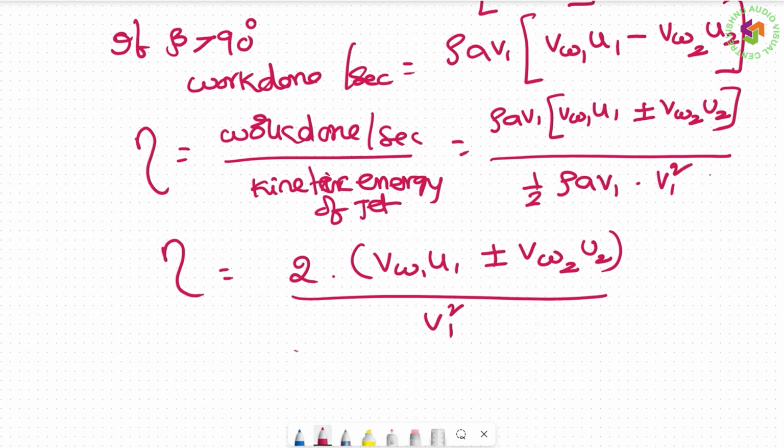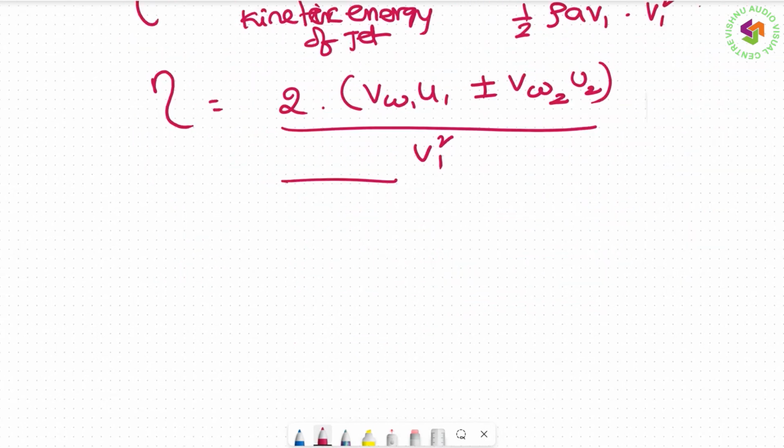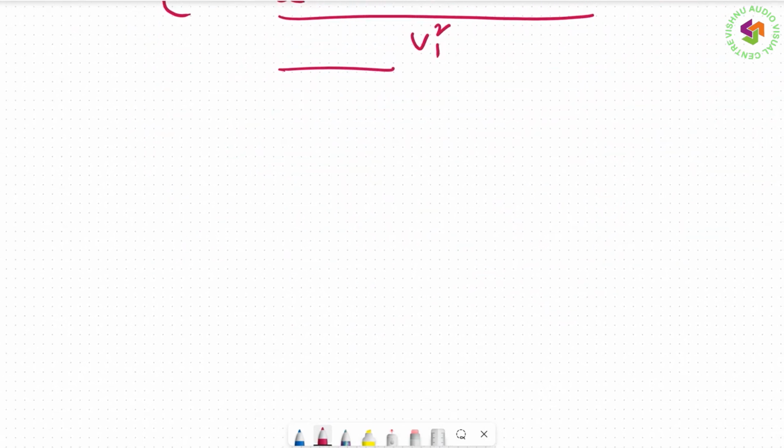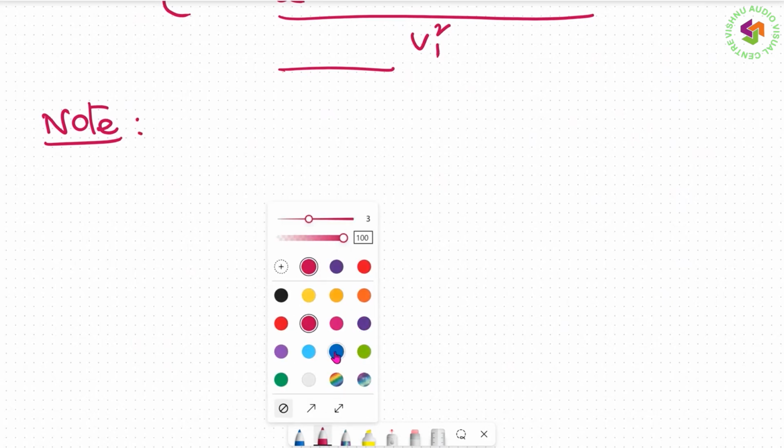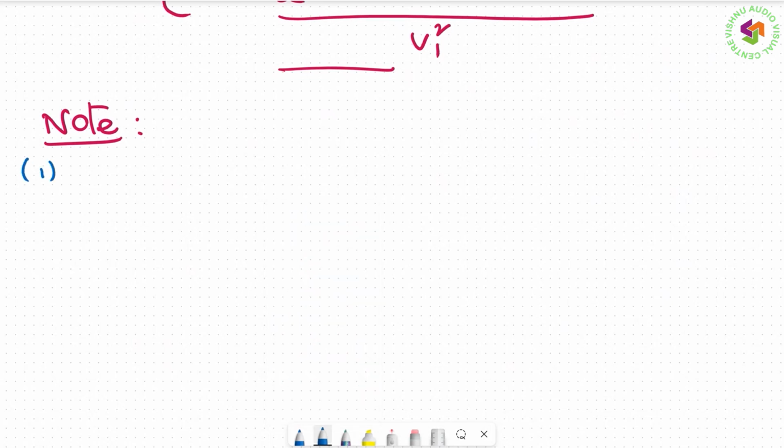So this completes. I wish to conclude this chapter with some note. Please take this note seriously. Number one, what is tangential flow?